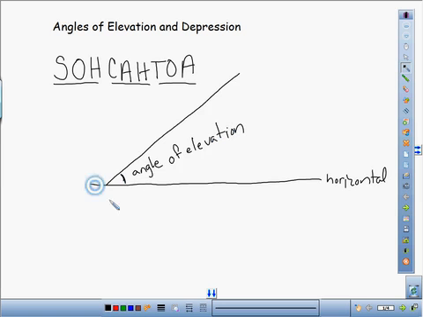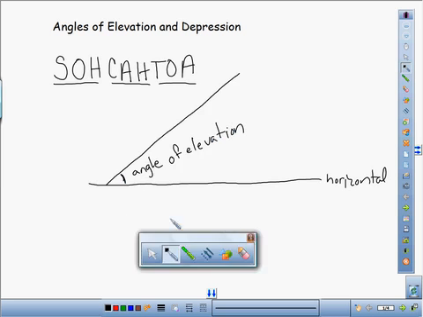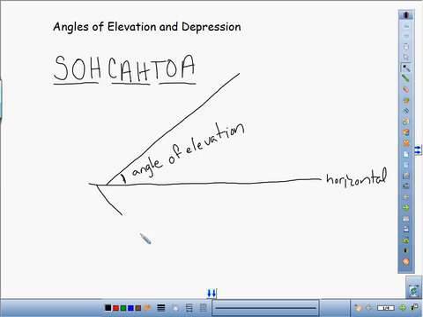So an angle of depression would go down this way. And so this would be an angle of depression. So depending on your word problem, make sure you pay attention. But do be aware that angles of elevation and depression have to be against the horizontal. That's the big deal. So they always have to be against the horizontal.